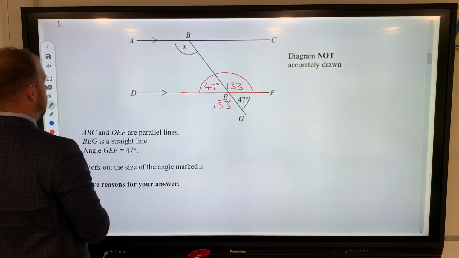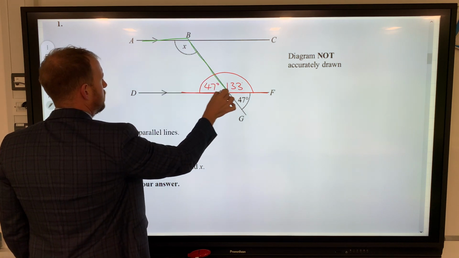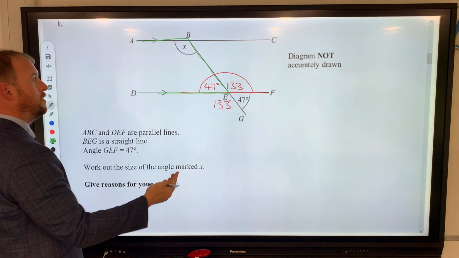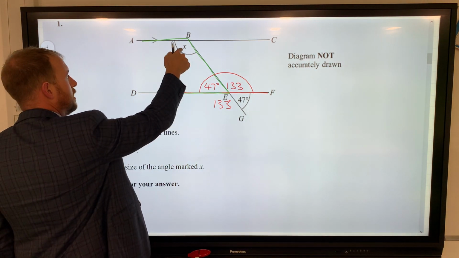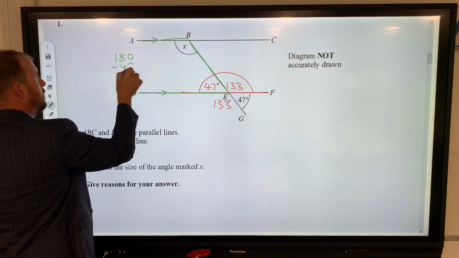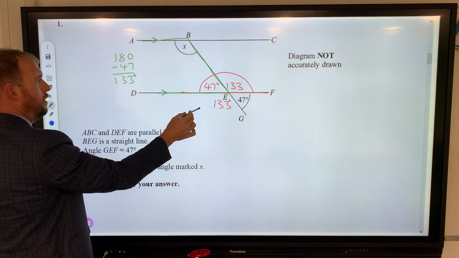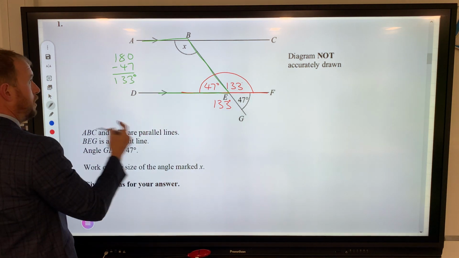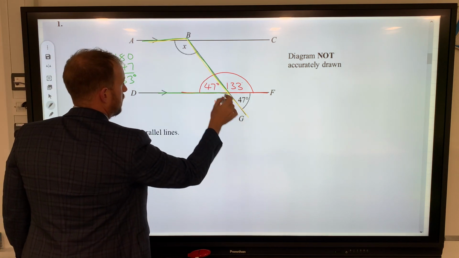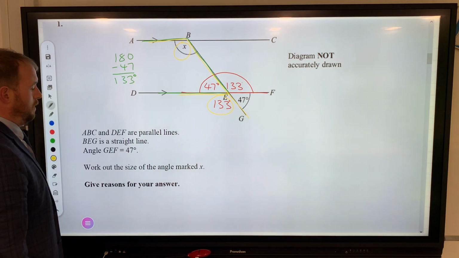Right, I've now got this question. I've got parallel lines. I've got a backwards C here. So I've got a co-interior angle, so I could take this away from 180. So 180, take away 47 for 133. But we've seen 133 before. So we could have used the corresponding rule because those are equal.